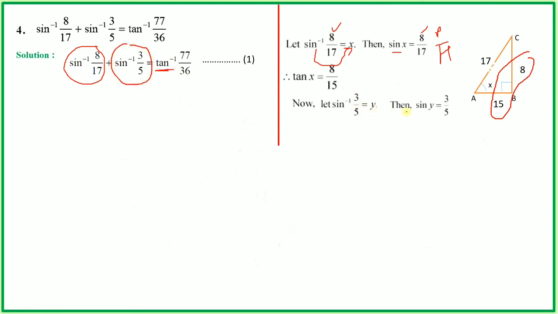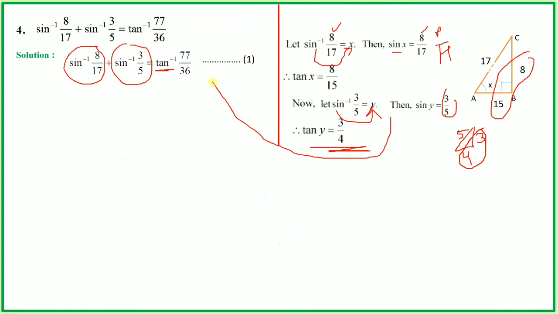Let it be y. Then sine y is equal to 3 upon 5. And as I told you earlier, this will be a right angle triangle, perpendicular upon hypotenuse, and then base is 4. So tan theta is equal to perpendicular upon base, this is 3 upon 4.